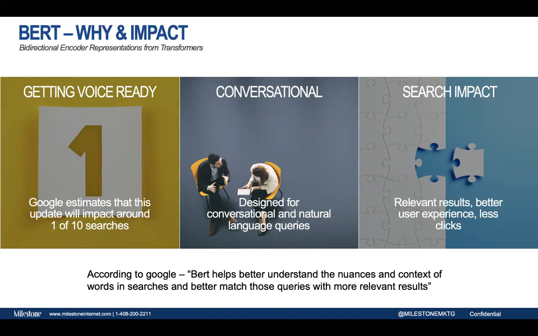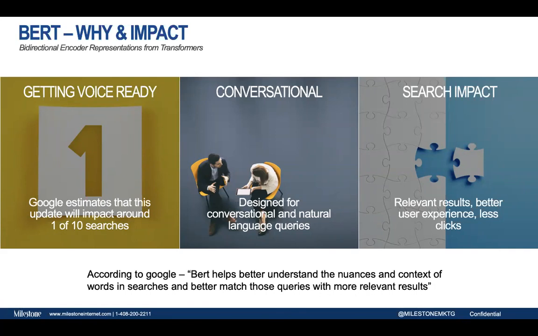Number three, the impact of BERT is much more relevant results on the search engine screen, which is the most important thing, because remember, everything is moving towards conversational search, and voice search is taking over everything. It's all about screenless devices and screenless searches, then it's all about user experience, fewer clicks, and really providing that right answer.